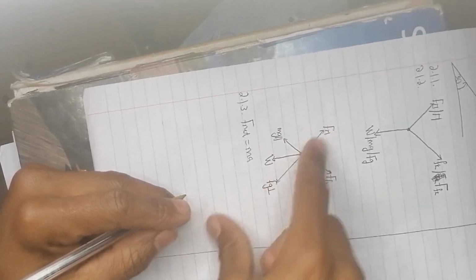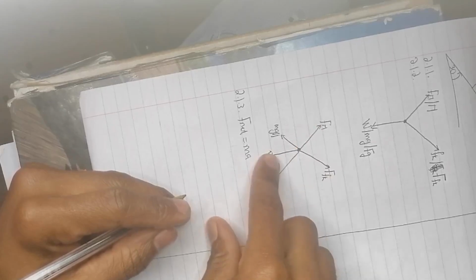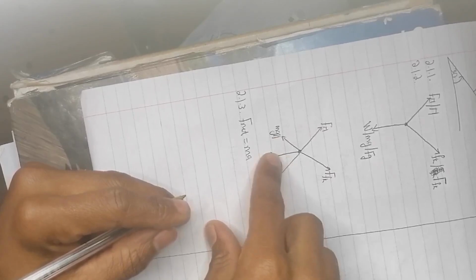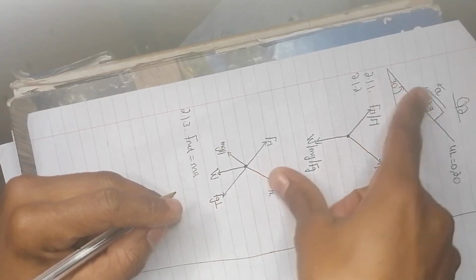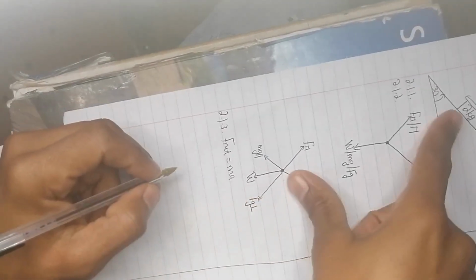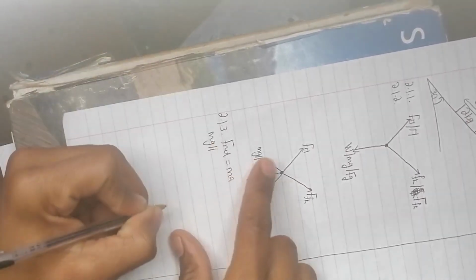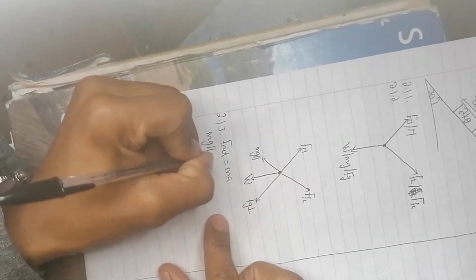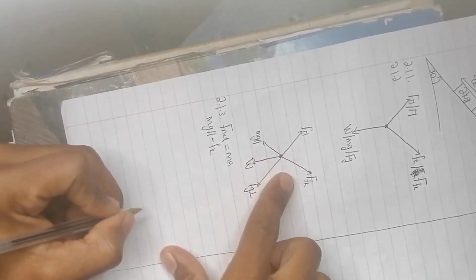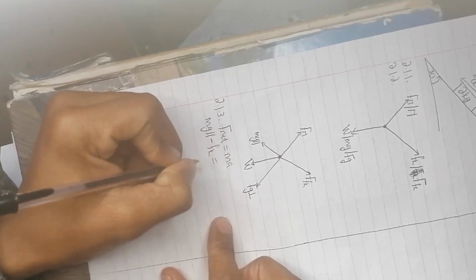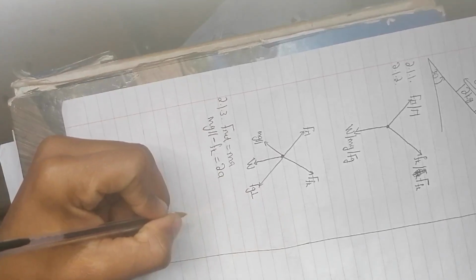The object is not going up or down, so this and this and this are not doing work, but the component of this, which is this, is doing work because it is responsible for pulling the object down because there's no force applied. So I'm going to write this as positive. Mg parallel, they are in opposite direction, minus Fk, those are the only two forces, equals the mass of the object, which is 2, times the acceleration.